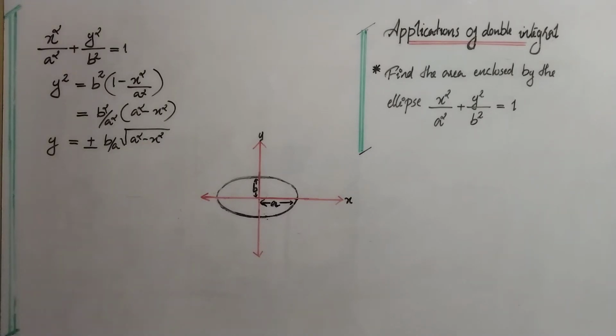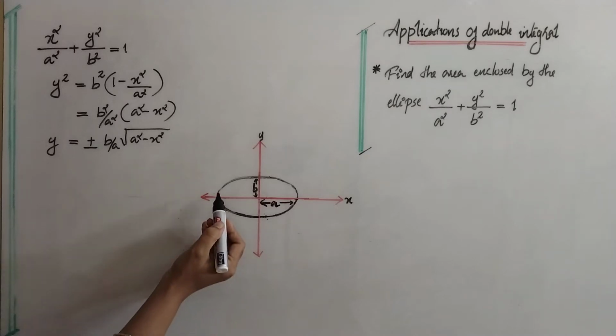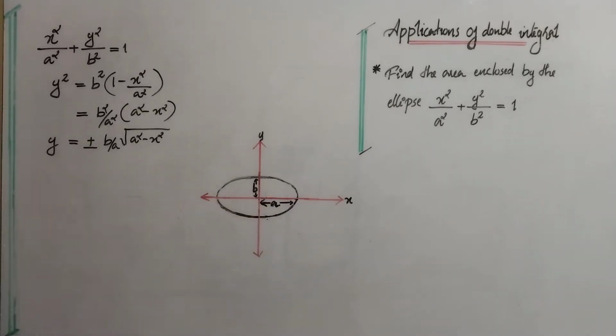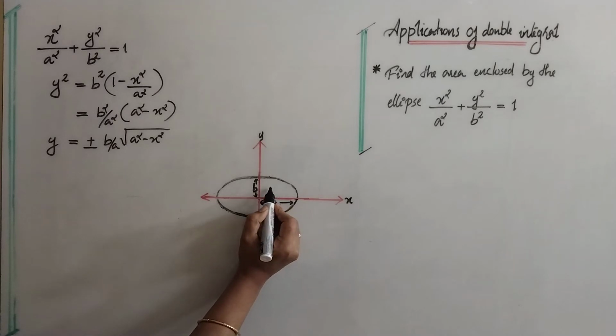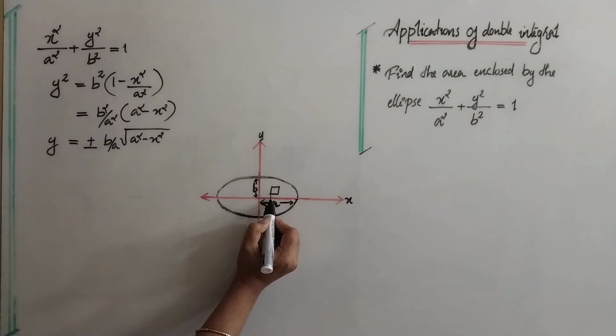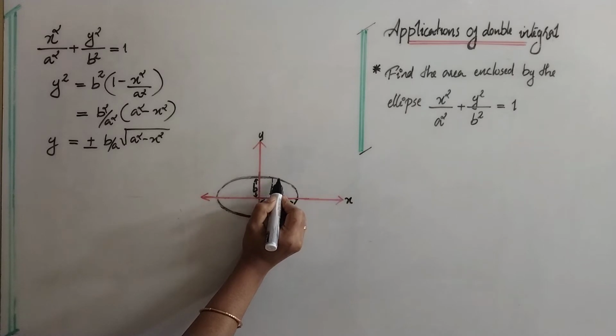To find the area enclosed by the ellipse, we divide the given region into rectangular elements like this. The element can be moved along either a vertical strip or a horizontal strip.